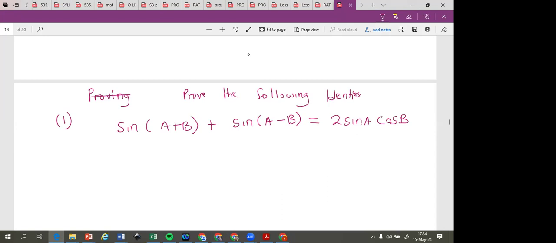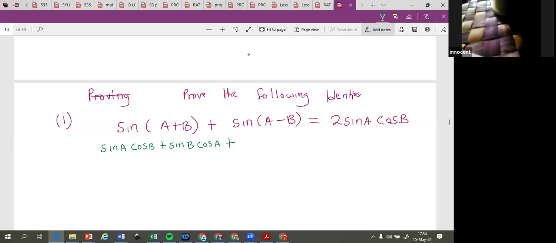Is that fine, members? Now, whenever you look at a proof, please don't fear and say something is very hard. No, approach it. When we expand sine a plus b, we end up with sine a cos b plus sine b cos a. Is that fine, members?